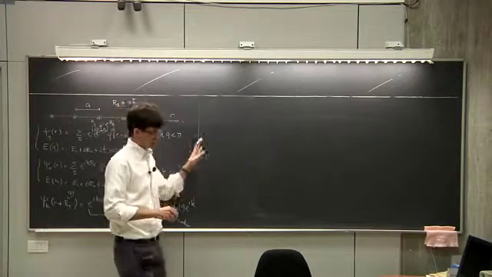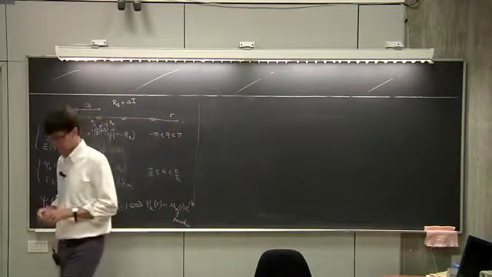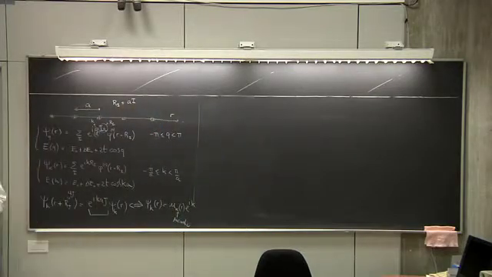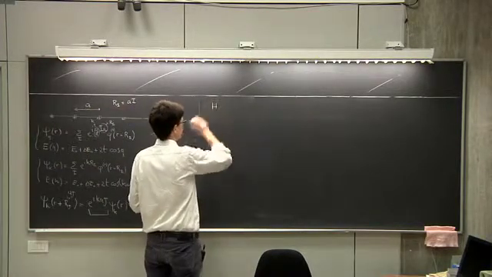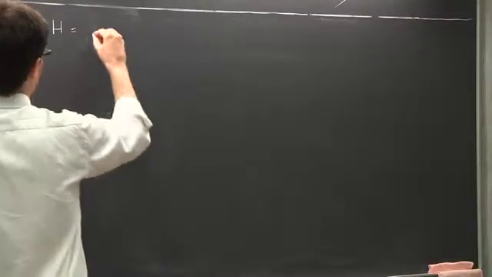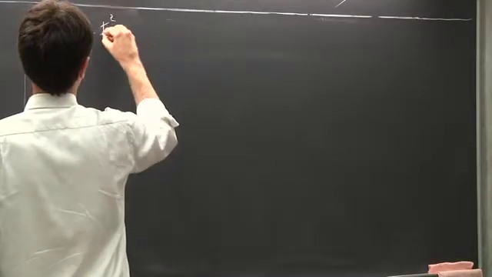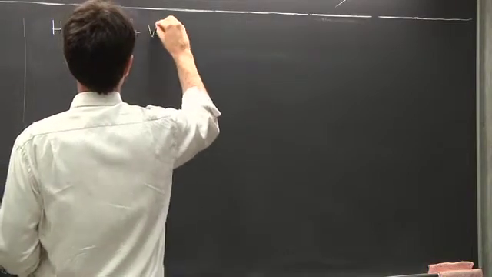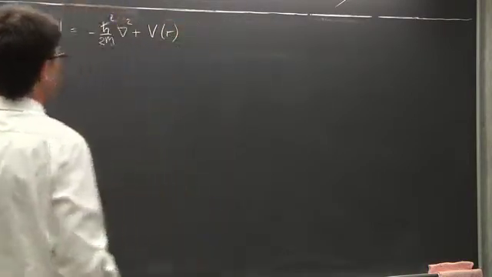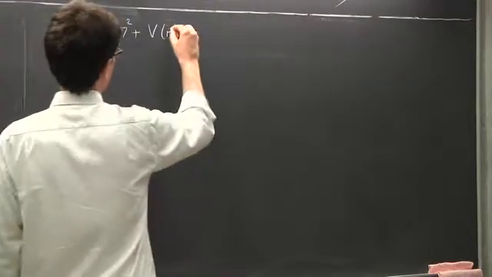So I'm now going to make a number of statements, most of which I'm not going to prove, but we proved them in this particular example. The first statement: what is the Hamiltonian I want to discuss? It's a Hamiltonian V of R, and I'm now going to be general.